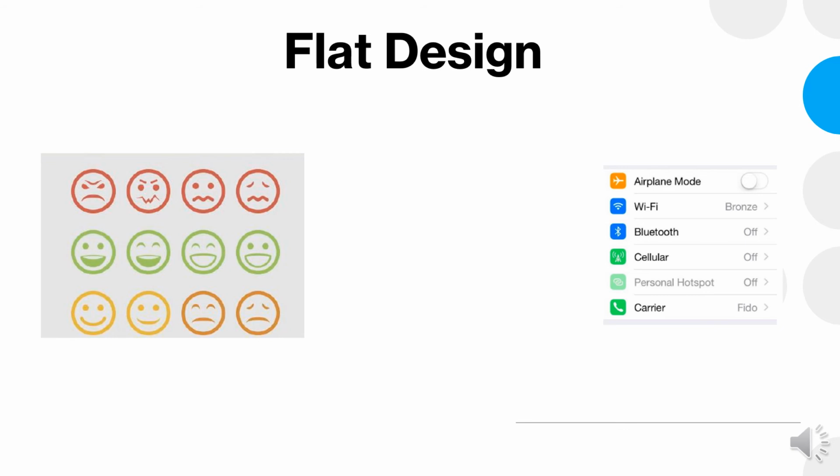And if you look on your right hand side at the airplane mode button, that's actually a skeuomorphic design because it works like an actual switch in real life. So you know that that button is clickable, and by just looking at it you can tell that it's off. But if you look at the other options right beneath the airplane mode, Wi-Fi, Bluetooth, cellular, personal hotspot, and carrier, they're just plain written words.